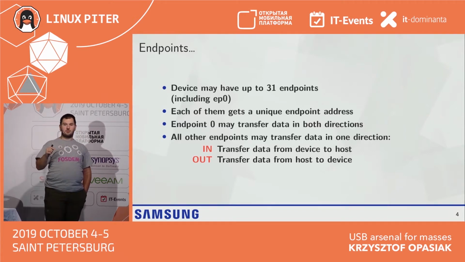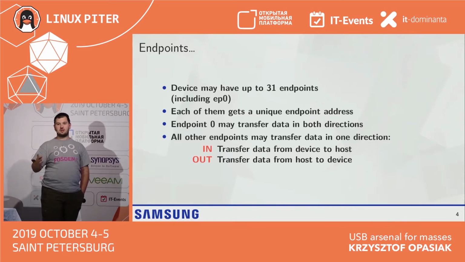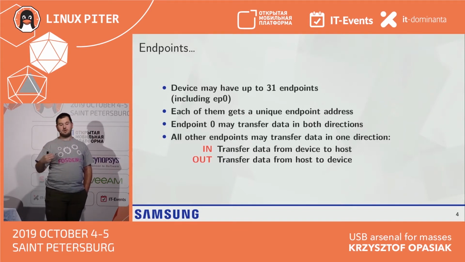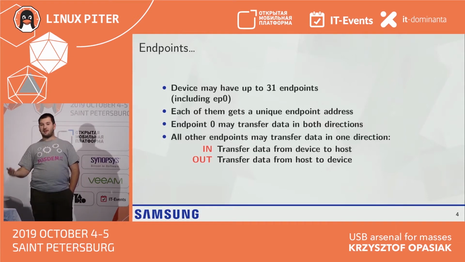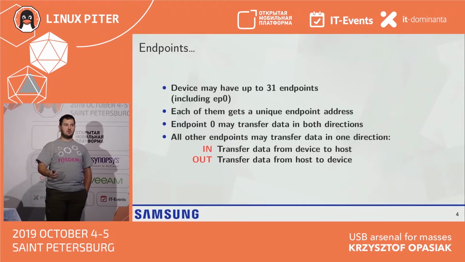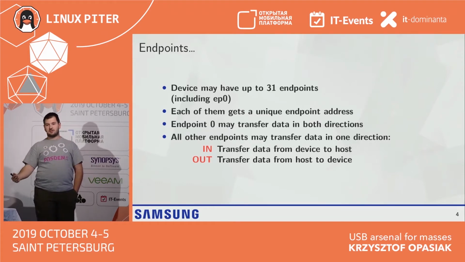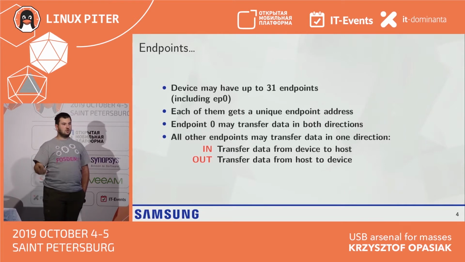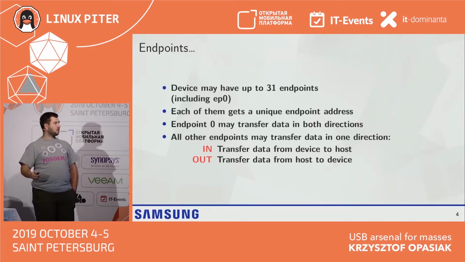Only endpoint 0 is capable of transferring the data in both directions. All other endpoints are either in, which means that they can transfer the data from device to the host, or they are out, which means that they are capable of transferring the data from host to the device. We are always saying this from the host perspective, because USB is in general a host-centric bus.